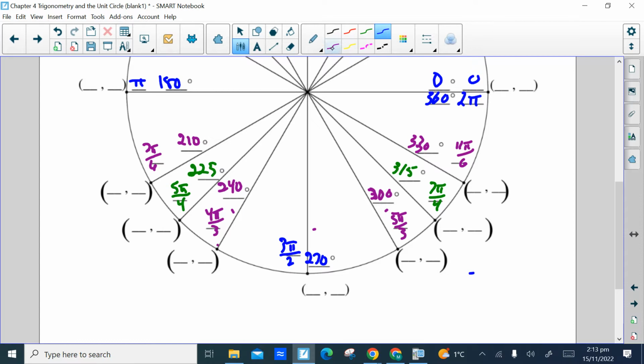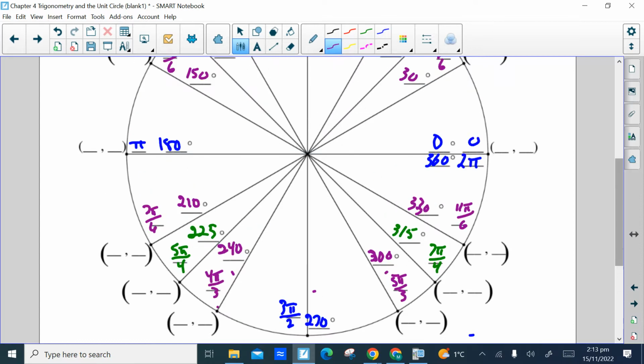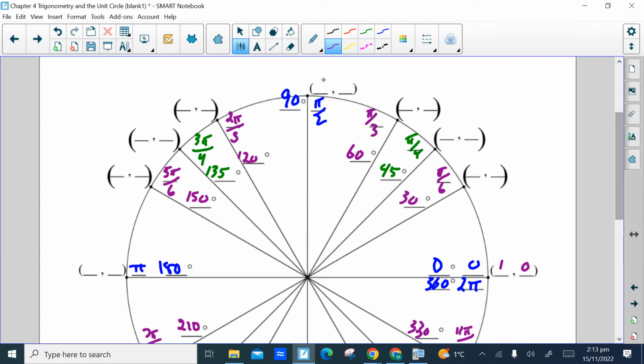We saw that because this is the unit circle with a radius of 1, the coordinates at 0 degrees, 0 radians, 360 degrees, or 2 pi radians is 1, 0. You go 1 unit to the right, you don't go up or down. At 90 degrees or pi on 2 radians, it's 0, 1.